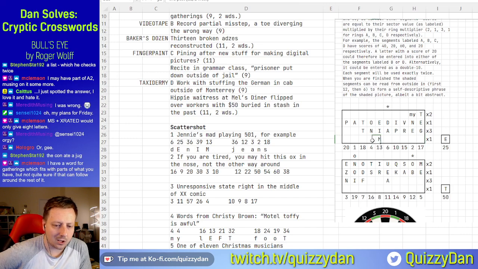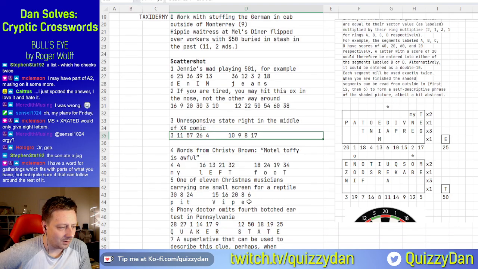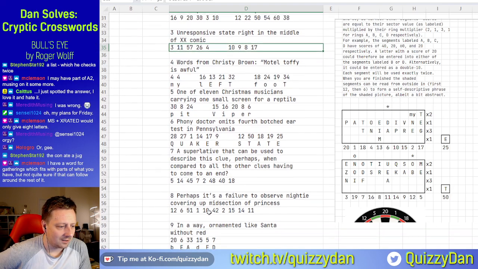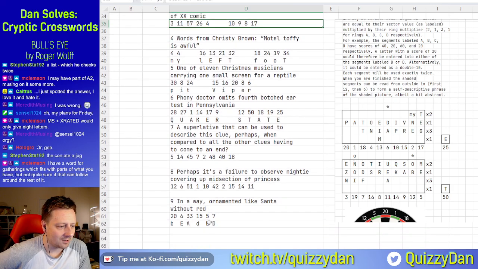So if we were to put taxidermy here, because we've got taxidermy in this inner ring, it would be D-E-R-M-Y. So there would be an X here for 17. So that could be an X, or an E, unfortunately. Where's another 17? There's an E. Where's some more 17s?